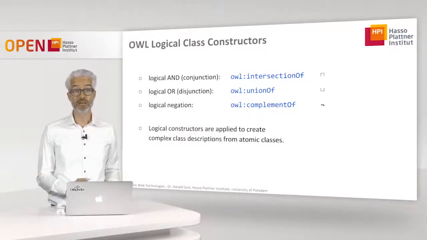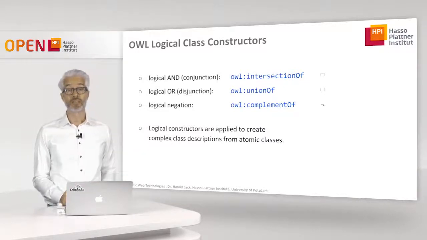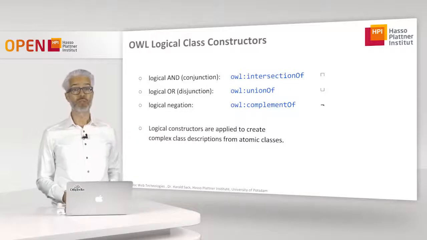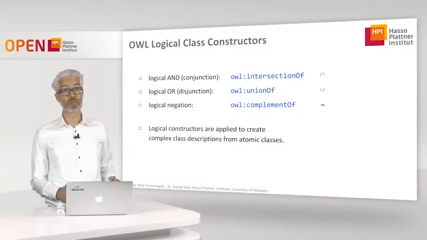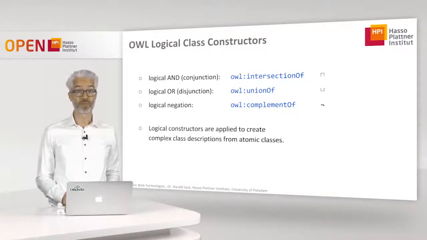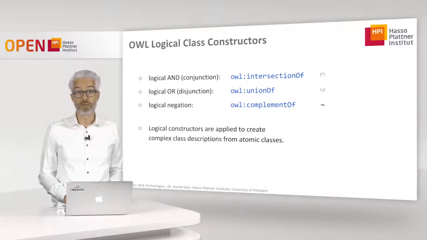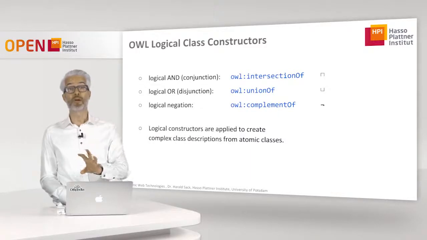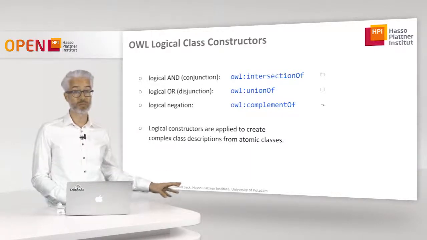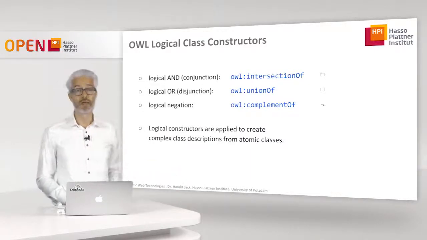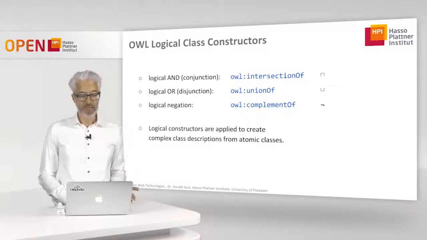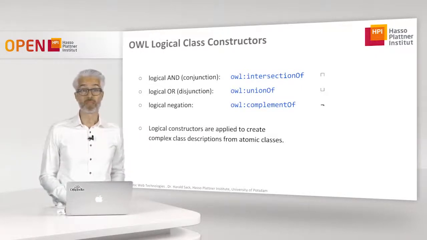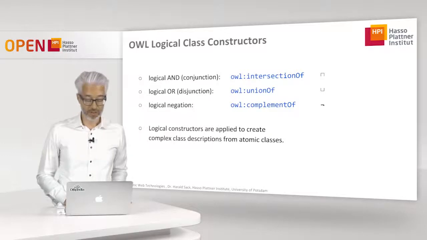Then we have the disjunction, which is expressed with the keyword owl:unionOf. And we have the logical negation, which is expressed with the keyword owl:complementOf. So, as you know, logical constructors are usually applied to create complex class descriptions from atomic class expressions. And we will have some examples where exactly these class constructors are applied.